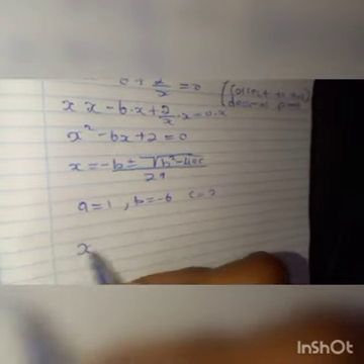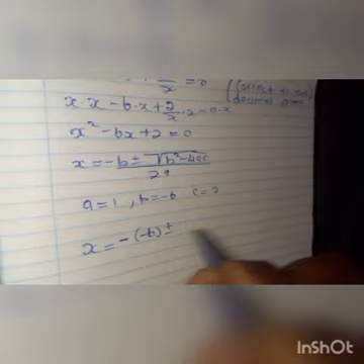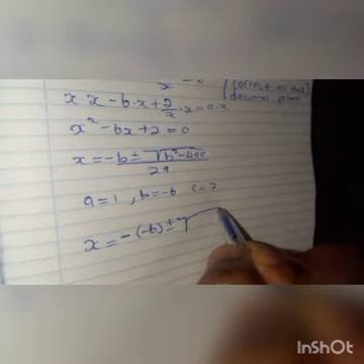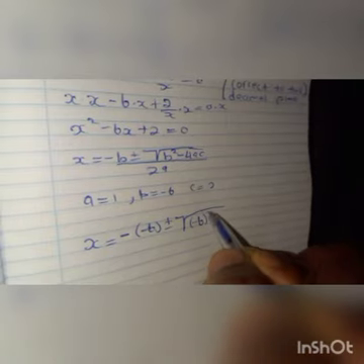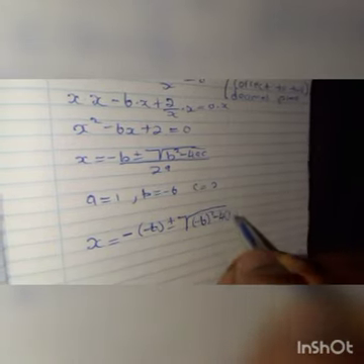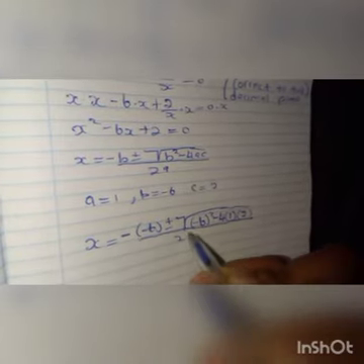Then we will have x is equal to minus minus 6 plus or minus the square root of 6 squared minus 4 times 1 times 2, all divided by 2 times 1.